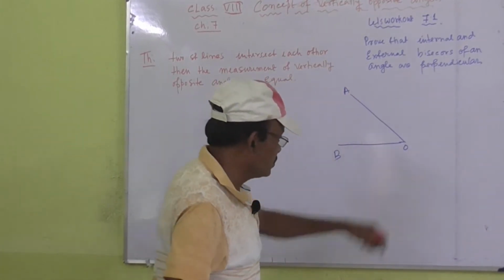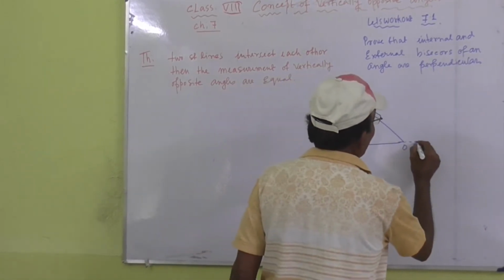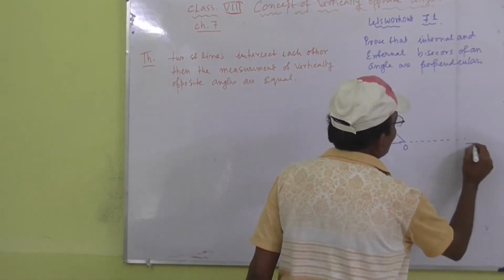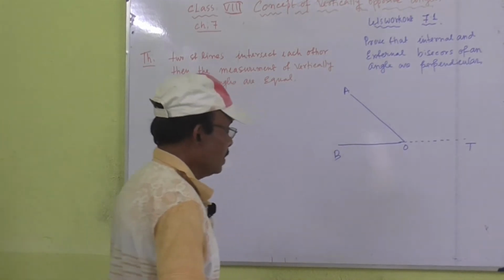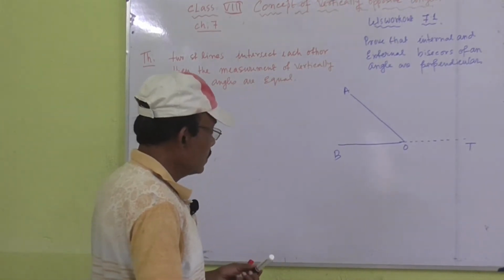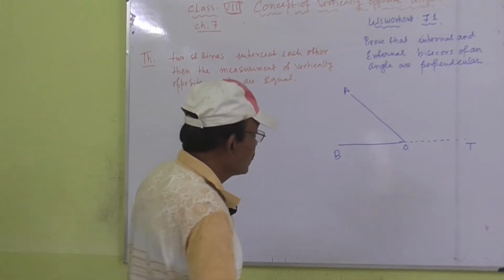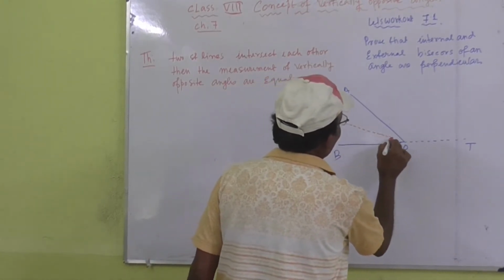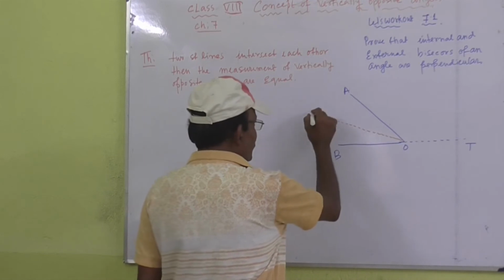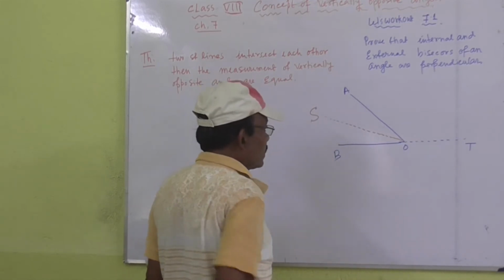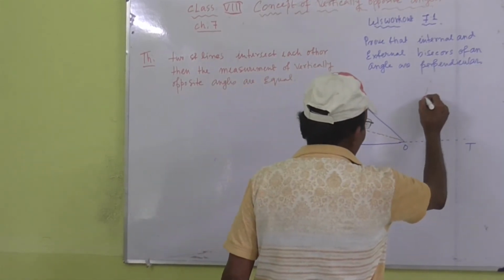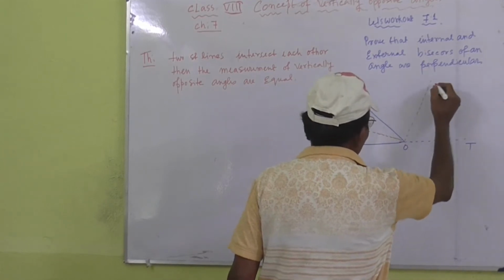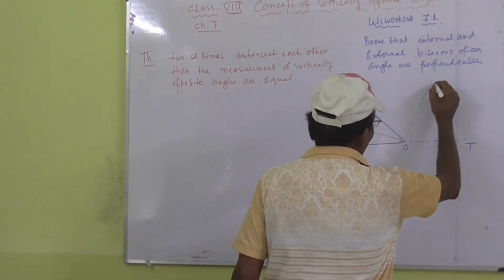If we extend BO up to T and draw the internal bisector, this is the internal bisector. Let us take S, and this is the external bisector. Let us take R.